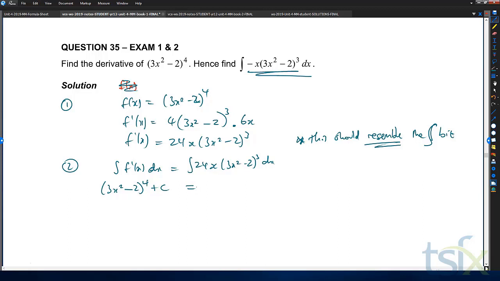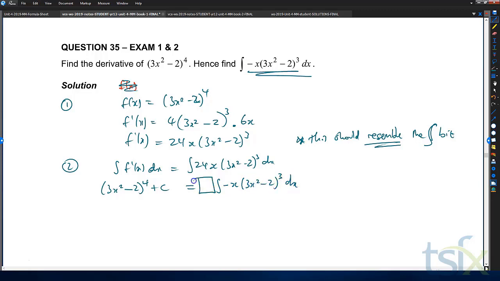Over here, I can't anti-diff that, and this is where people get stuck. You're not supposed to try and anti-diff the right-hand side. You're supposed to isolate it. So I want in here neg x lots of this.